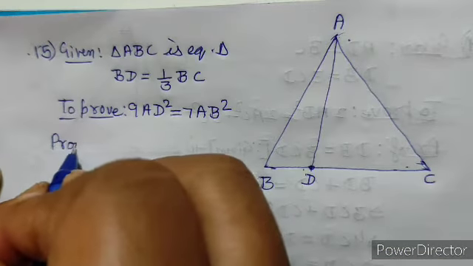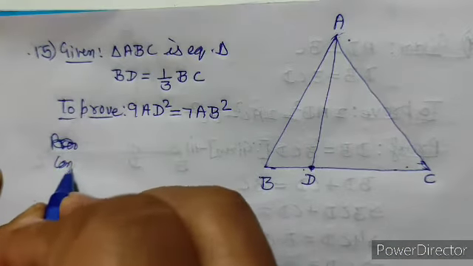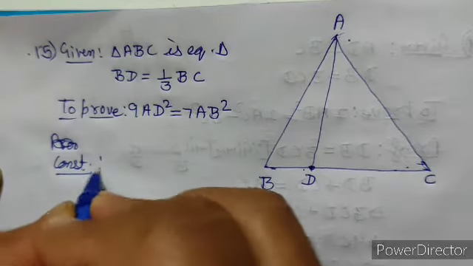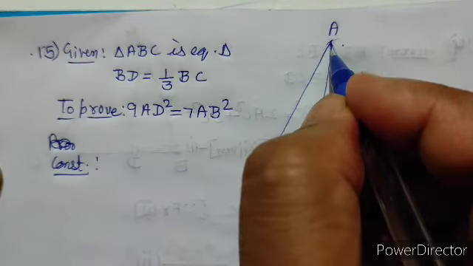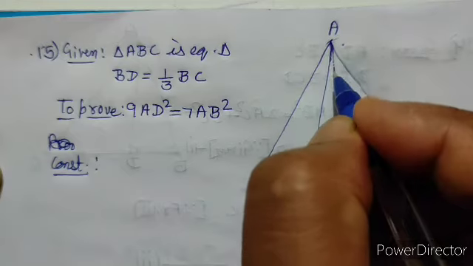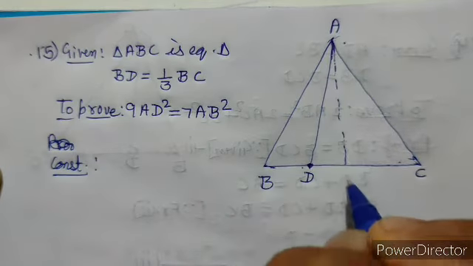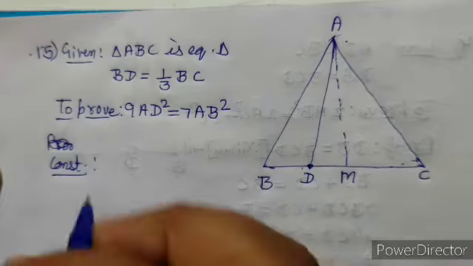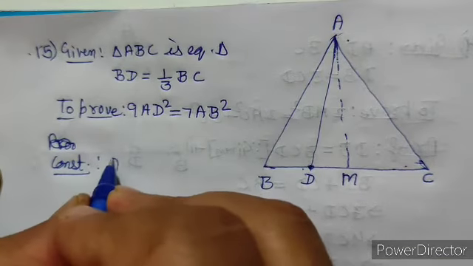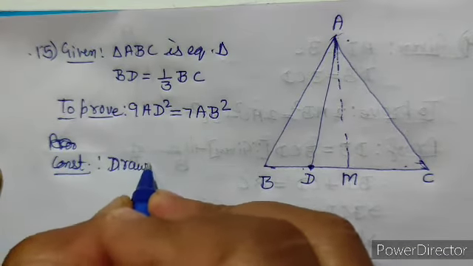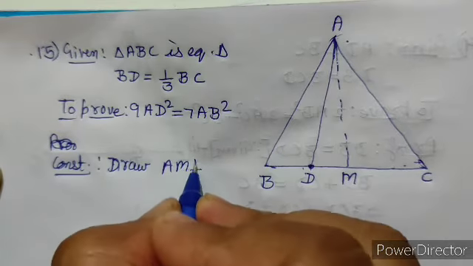Now for that we will draw a perpendicular from A on BC. Suppose AM is perpendicular to BC.